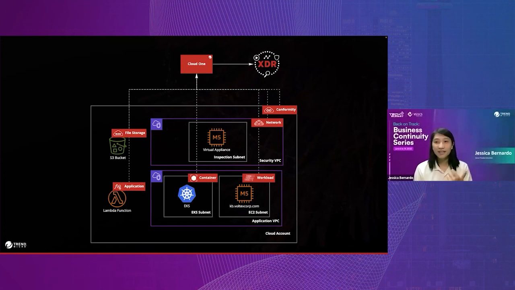If you're using Lambda or serverless, we have our Application Security. If you're using file storage, we also have security for S3 buckets, or what they call File Storage Security. For network, we also have security for that. And of course, to identify misconfiguration, we have Conformity. So all of these environments that you have, Trend Micro has a solution for you.